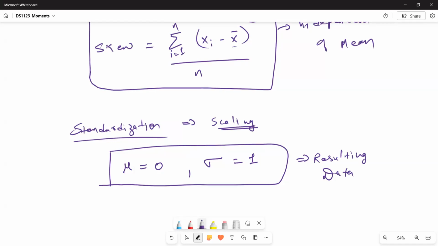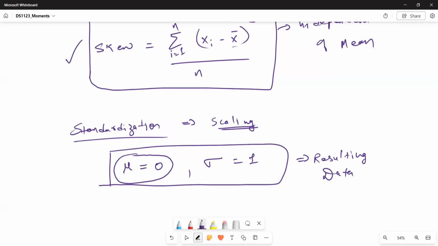This is for the resulting data. So basically, if you see, this condition is already satisfied when we have shifted the origin of the data.